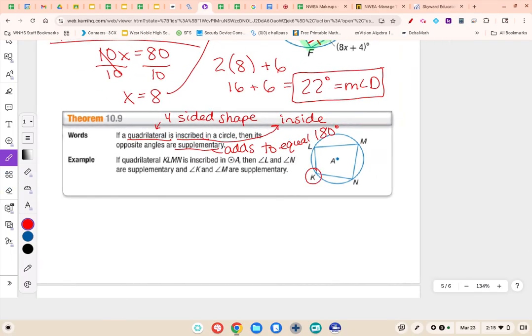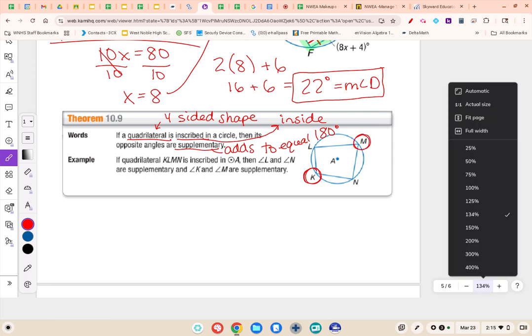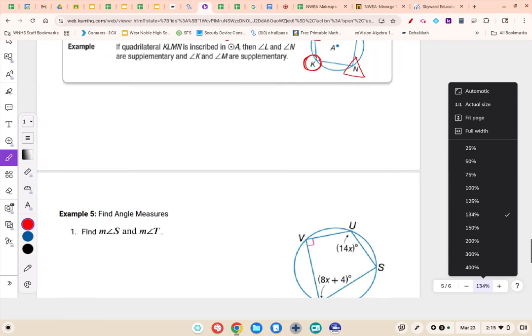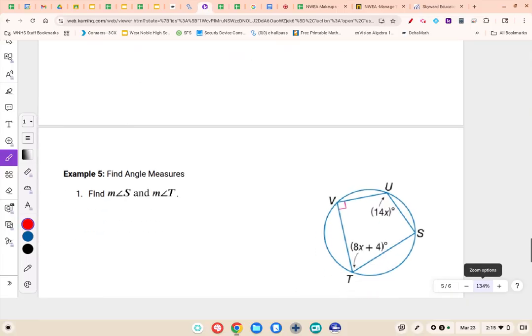Basically, it's saying that angle K plus angle M has to equal 180, and angle N plus angle L has to equal 180. This has to do with our inscribed angle situation.